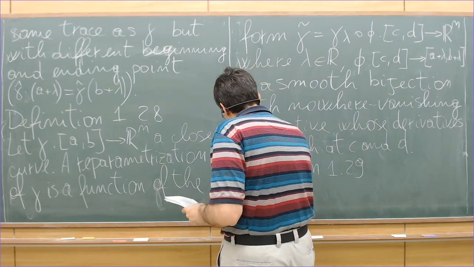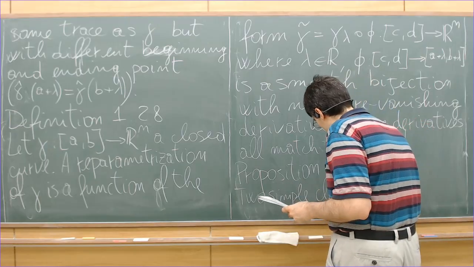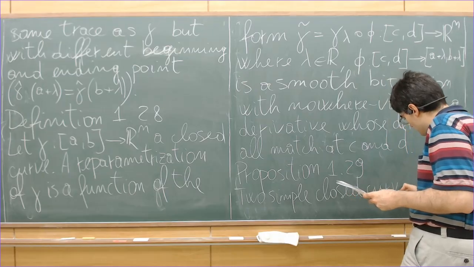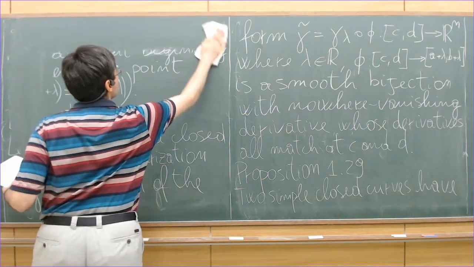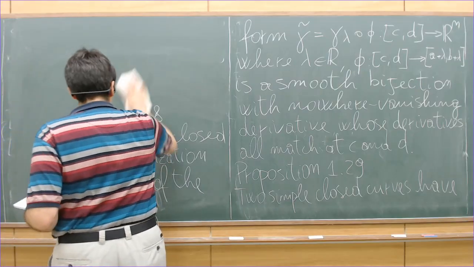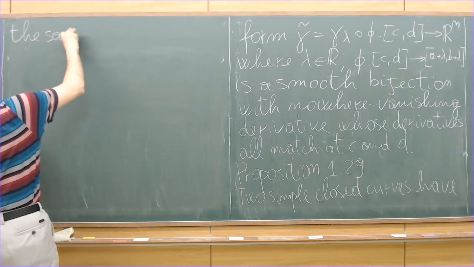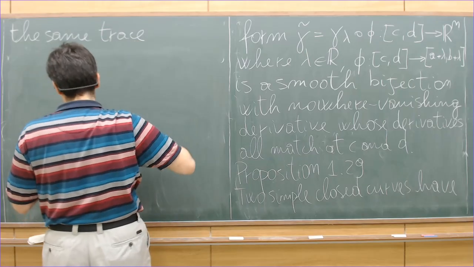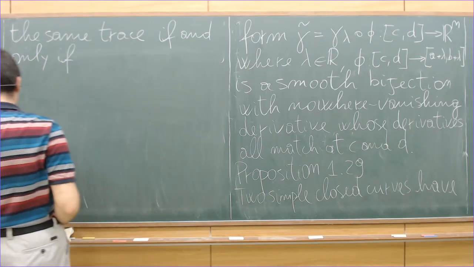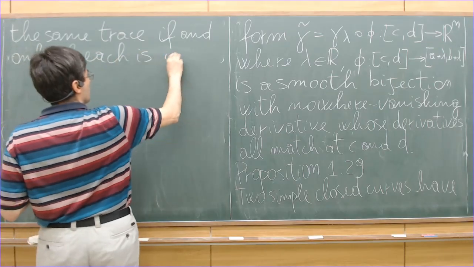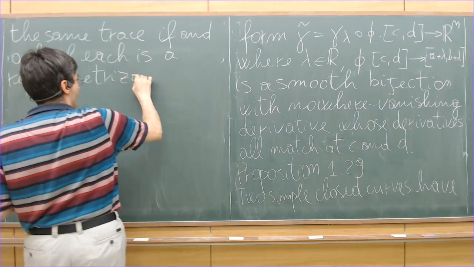It says that two simple closed curves have the same trace if and only if each is a reparametrization of the other.